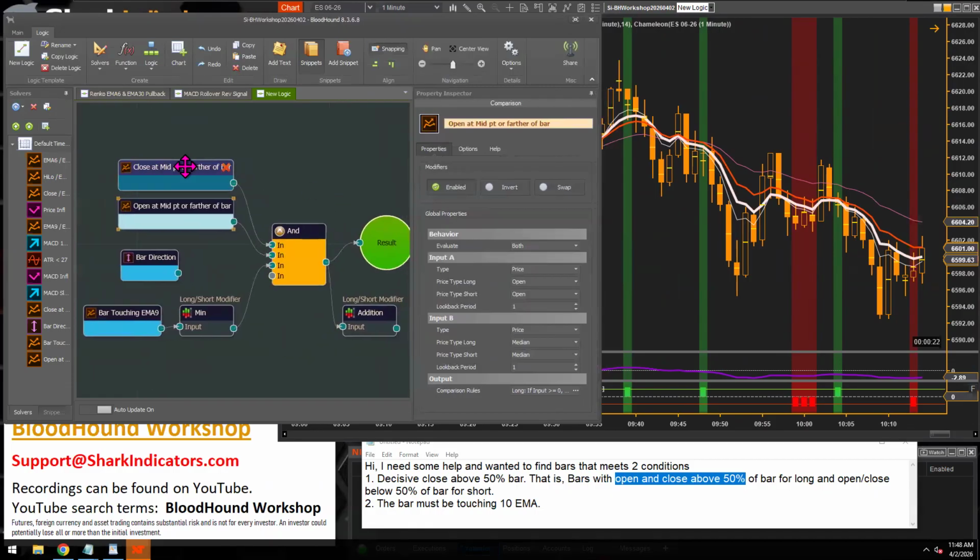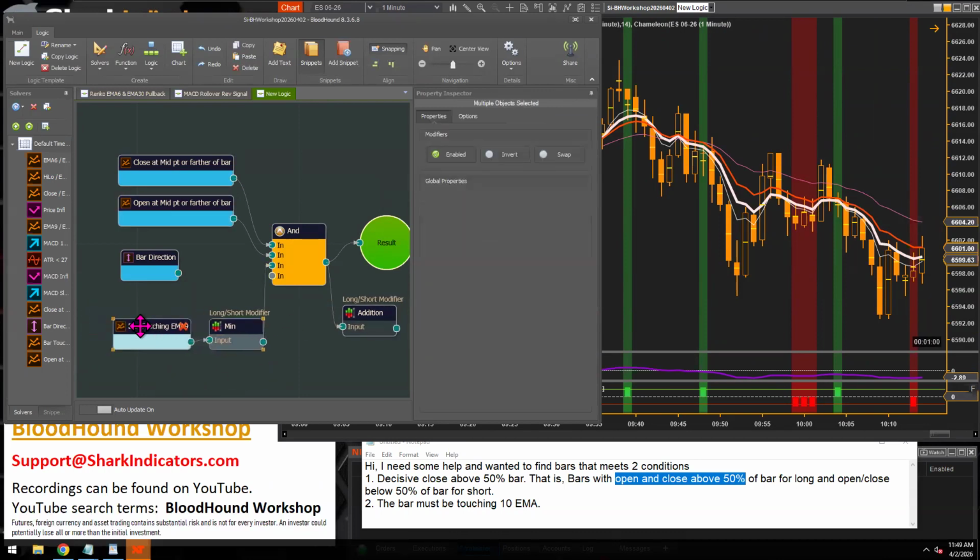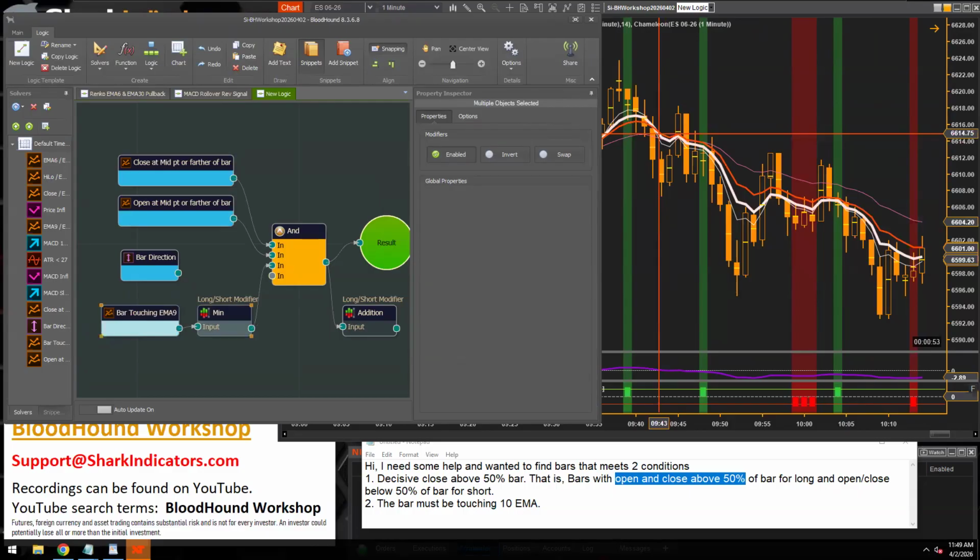So the solver on the top is making sure that the closing price is above or below the midpoint. The solver below it, as the name implies, is checking if the open price is above or below the median. And then these two nodes are checking to see if the bar is touching a moving average.